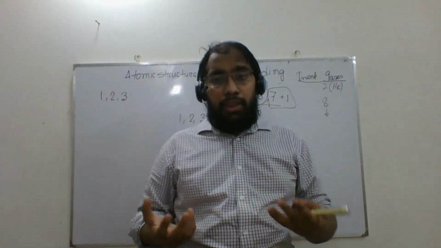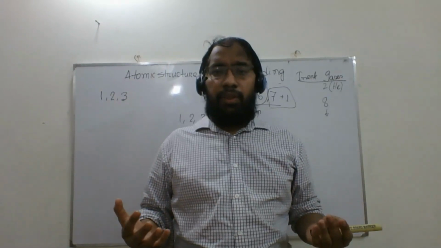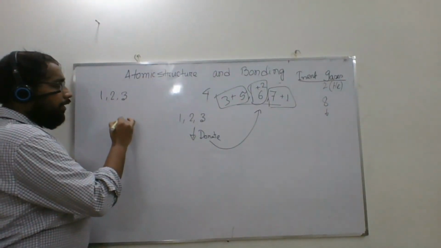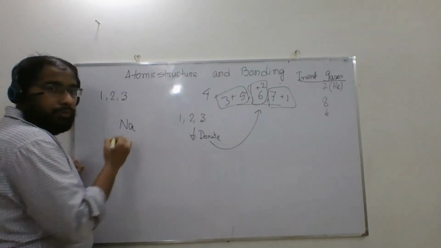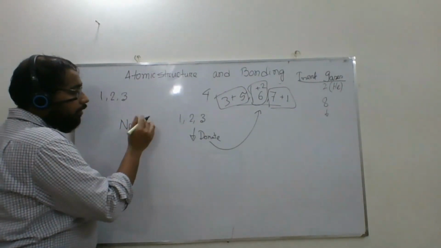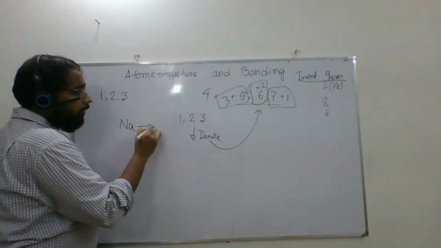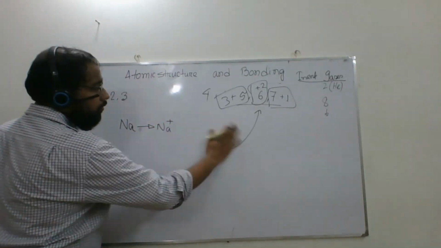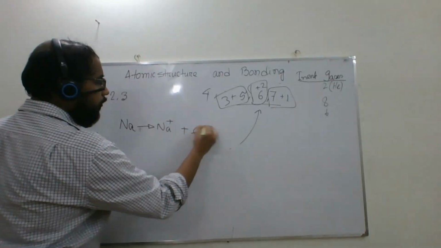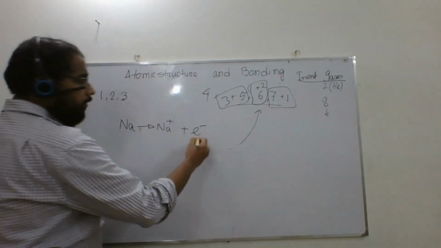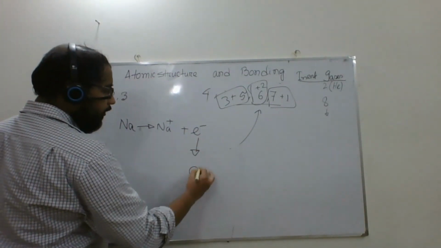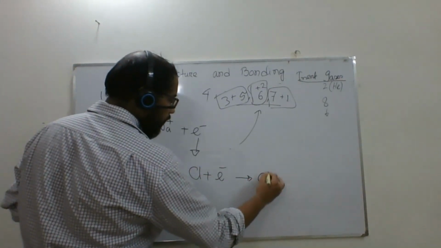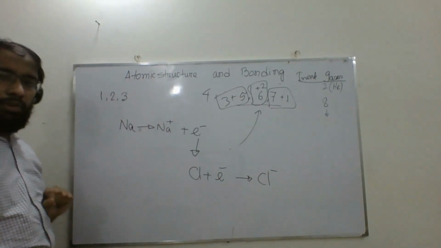By donating the electron, if anyone donates, he becomes positive. Like if sodium donates 1 electron, okay, then sodium is converted to sodium ion plus electron. This electron will be accepted by a chlorine atom and it is converted to a negative ion.